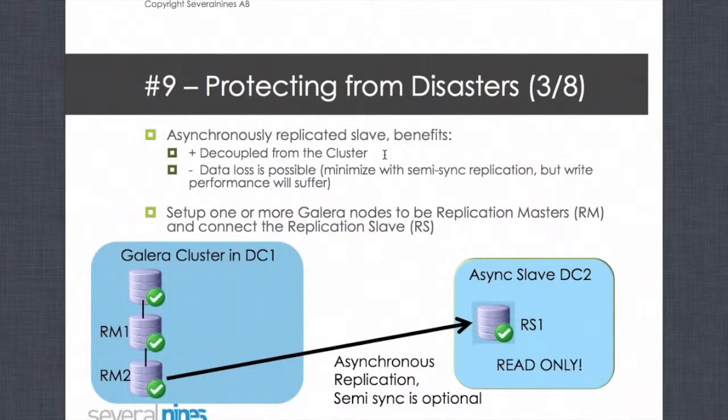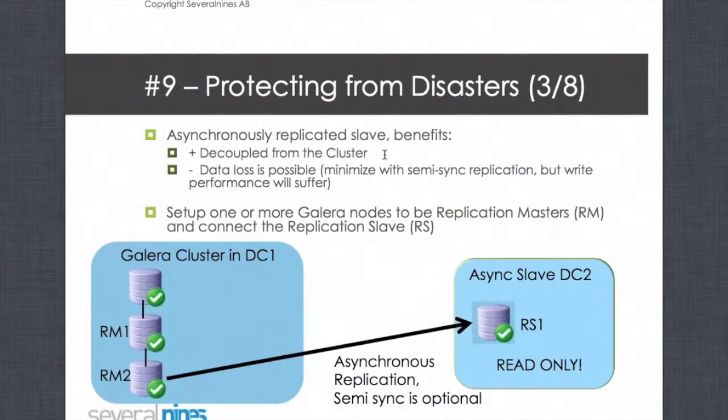In the Galera cluster you have one replication protocol, and between the Galera cluster and the asynchronous slave there's an asynchronous replication protocol, which is different. A protocol bug in Galera cannot propagate over to the asynchronous replication link, making the asynchronous slave a bit of an isolated island in some sense.